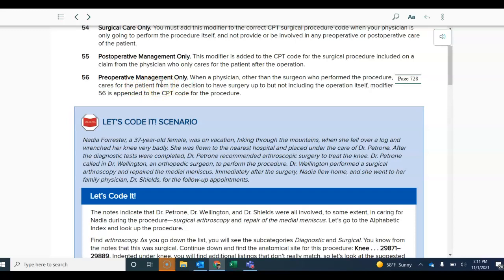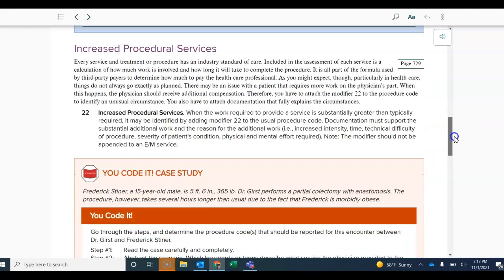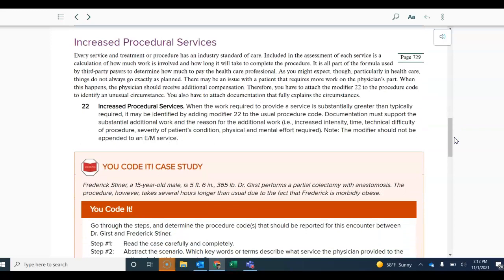Remember I told you every CPT code has a dollar value assigned to it depending on the insurance company, and they'll take out the portion for the pre-op and the surgery, and then the portion for the post-op, and they'll pay each doctor, they'll split their money for that code. Okay? That's why it's important to always use the codes and the modifiers to tell the whole story.